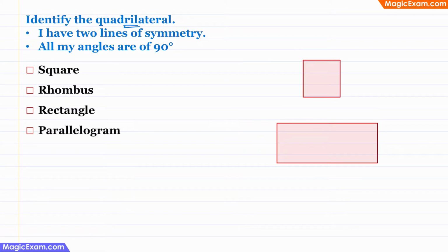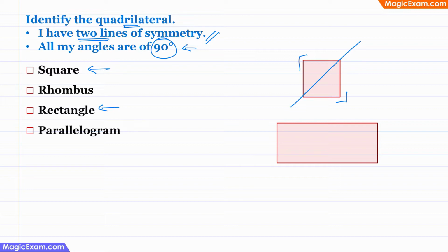Identify the quadrilateral. I have 2 lines of symmetry and all my angles are 90 degrees. So if all the angles are 90 degrees, then it has to be a square or a rectangle. Now it says that I have 2 lines of symmetry. If we draw a line of symmetry on a square like this first, which means that if we fold a square along this line of symmetry, then both the sides will perfectly match or coincide.